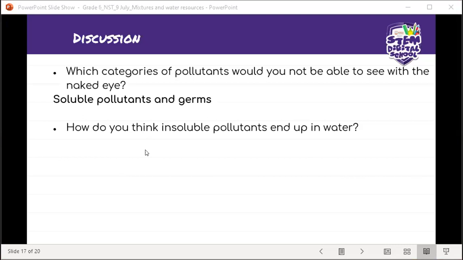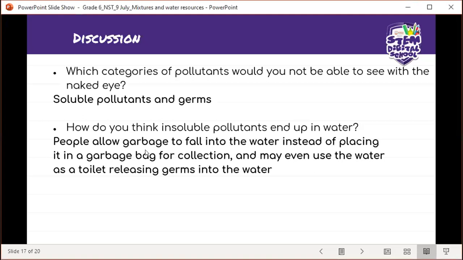Okay, so Ijiro, I'm going to give you the next question. These insoluble products end up in water in various ways. We have a lot of examples. People allow garbage to fall into water instead of placing it in the garbage bag for collection, and may even use the water as a toilet, releasing germs into the water.